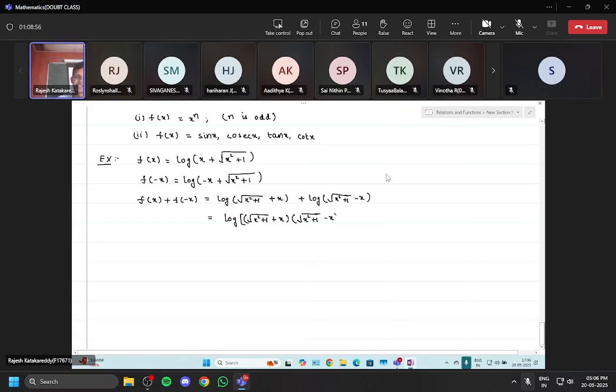Now there is a plus b into a minus b, that is a square minus b square. We get log of x square plus 1 minus x square. This cancels, we have log 1. Log 1 value is 0. So therefore I can write that f of minus x is equal to minus f of x. This implies the given function f of x is an odd function.